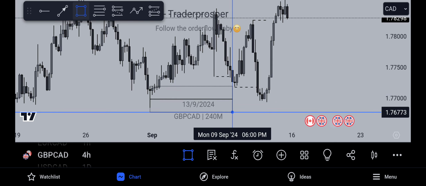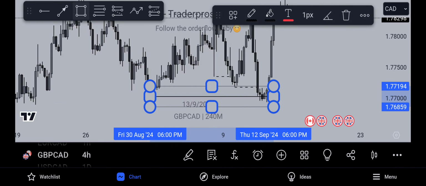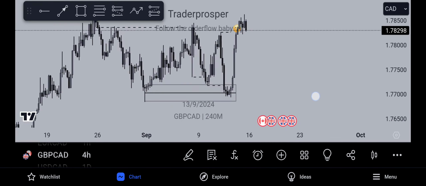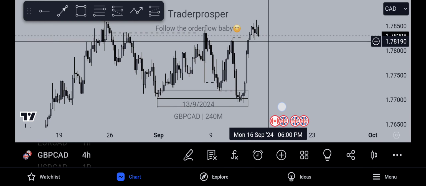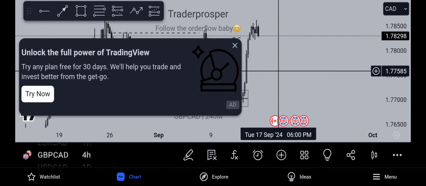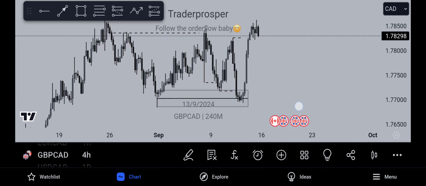So I always say, if your directional bias is not correct, you are likely going to take a loss, no matter how perfect the entry is. You can see that this met almost all the criteria. You can even take this as the sweep, but then it was a break of structure and not a sweep, and that was why that loss occurred there.